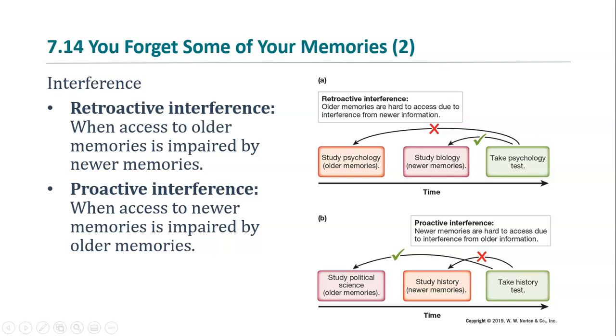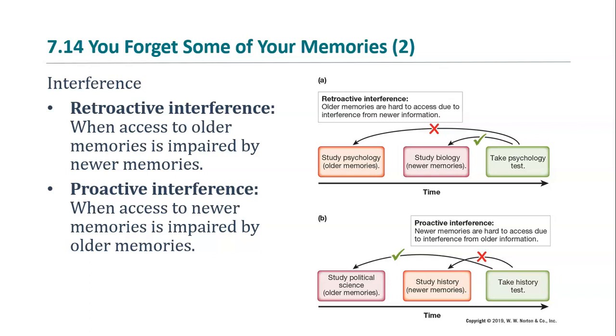That is, the interference goes backwards. You've learned something, you learn a second set of information, and then you try to remember the first set of information, and you have a hard time because that second set interferes with the first set.